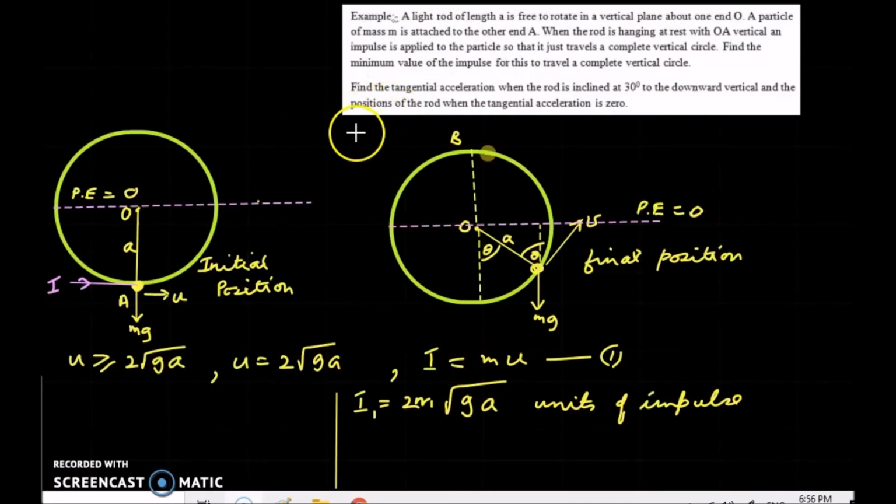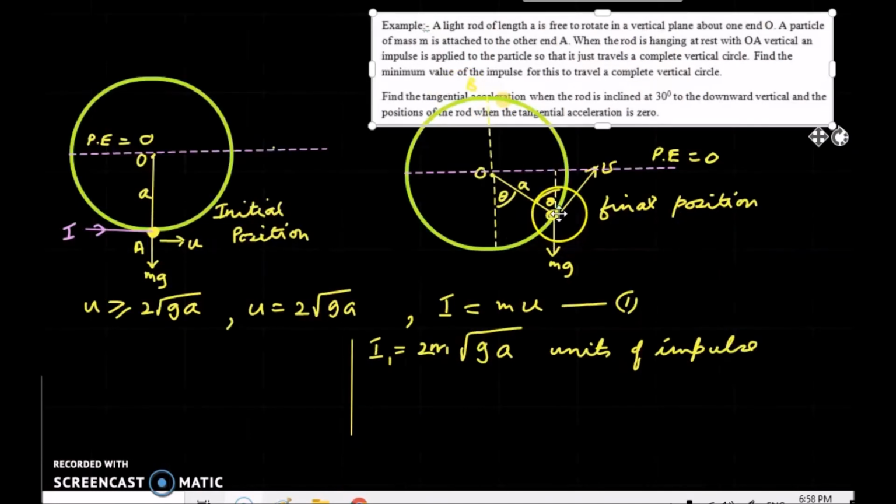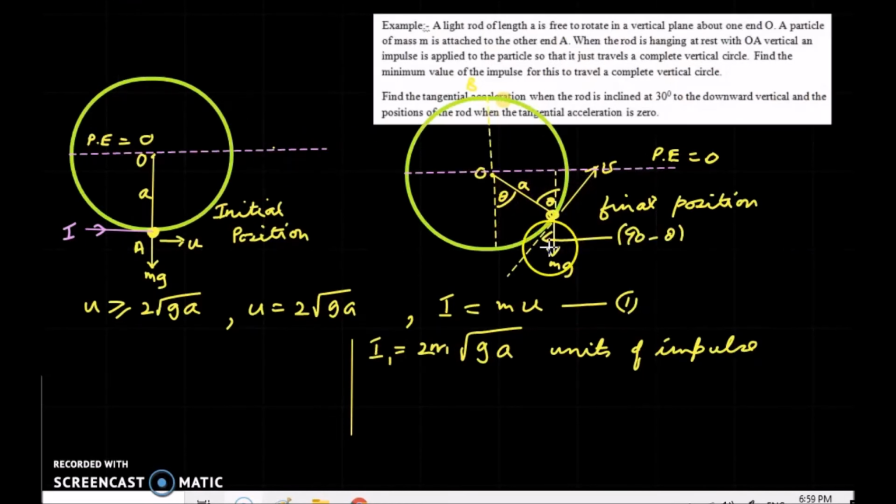Now we also have to find the tangential acceleration when the rod is inclined at 30 degrees to the vertical. That is, when theta equals 30, what is the tangential acceleration? Now let us find the tangential acceleration at this point. This angle equals 90 minus theta. I have produced this line.